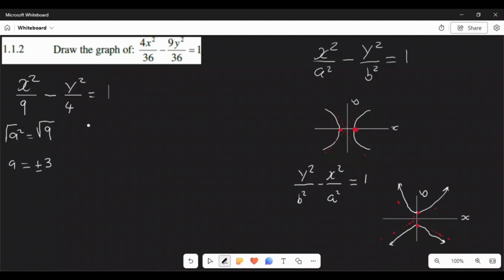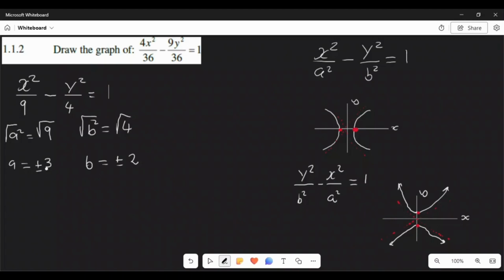Remember, b is the one that is dividing y. So b squared is the same as 4. So when we're looking for b, we have to square root these two. So our b here is going to be plus or minus 2. Right. So basically, these are the ones that we have here.